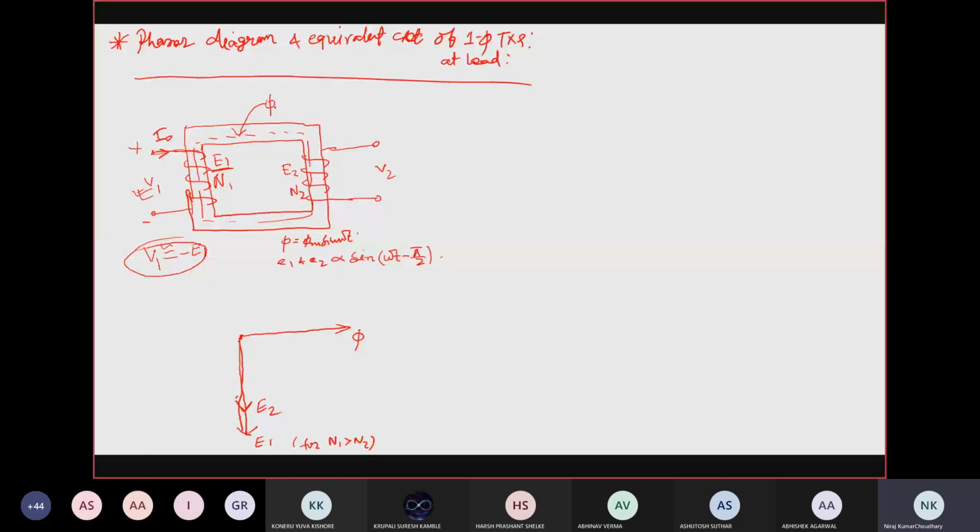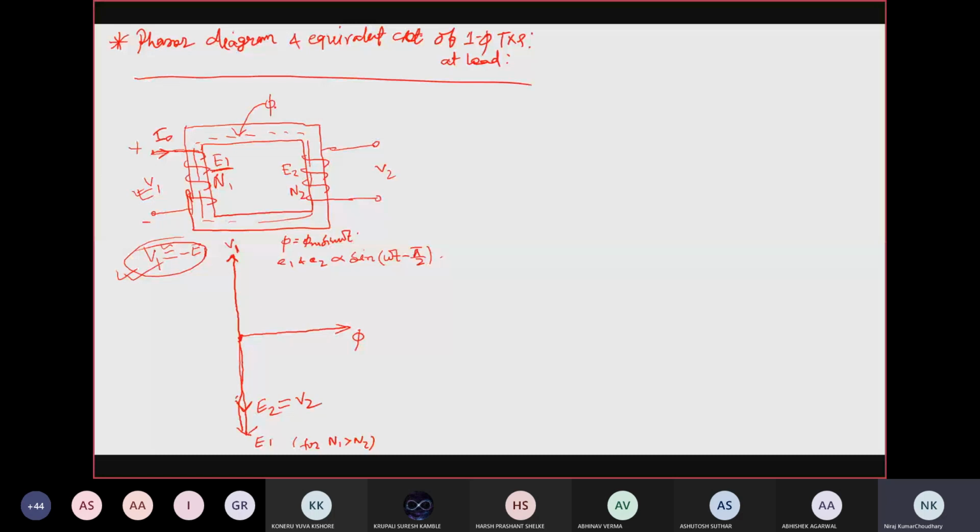Just here I have mentioned V1 will be approximately equal to the induced EMF across the primary coil, but in opposite direction. That is, it will be 180 degree out of phase with respect to E1. This will be V1, right? ठीक है.